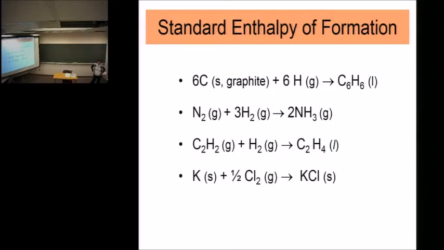Oh, now why? Okay, we have to have, what did we say for the product? You have to have 1 mole as a product. We got that. Now, what did we say about the reactants? Must be stable? Okay, well, carbon solid, graphite, that's stable. Yeah, it's true. Carbon, not diamond, right? Everybody knows diamond would not be the most stable form, right? Carbon, graphite is the most stable. Okay, that is.